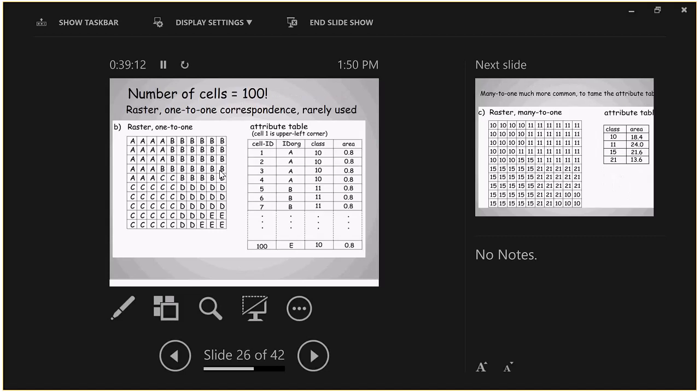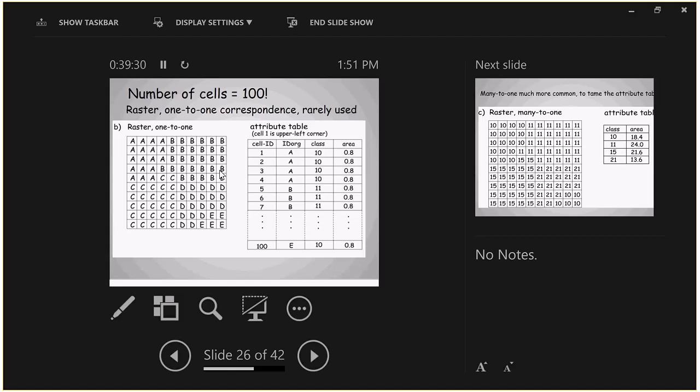What does the attribute table look like? Well, typically, the attribute table looks like this, where you've got a cell ID, the value from the table, and then what class it is and what its area is.